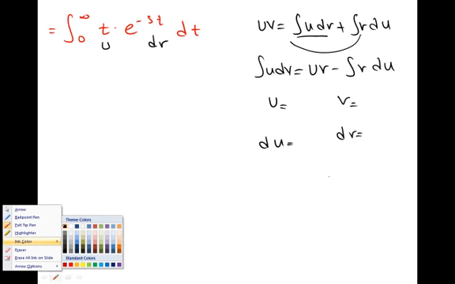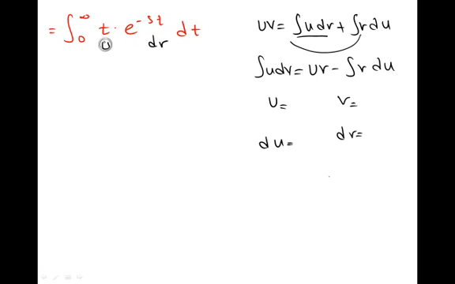Anyway, the values that I know are u, which is t, and dv, which is e to the power of minus st dt. So if u is t, du will be dt, and here dv is e to the power of minus st dt, so v is going to be e to the power of minus st divided by negative s.